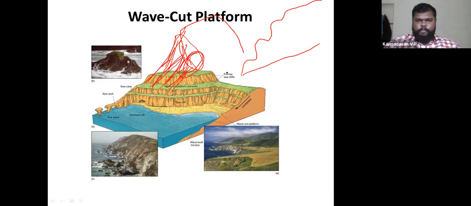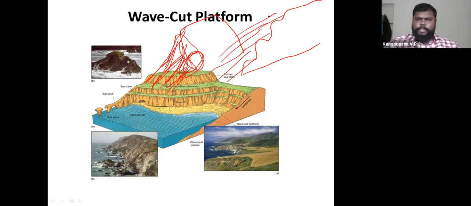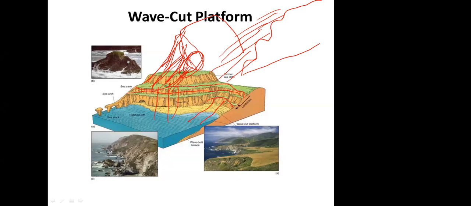So here also a terrace-like formation will happen. This is also known as a wave cut platform or terrace platform. Water will intrude, corrosion happens, then a little further, then a little further. So a wave cut platform like structure or a terrace formation happens. Am I clear? Shall we move forward?